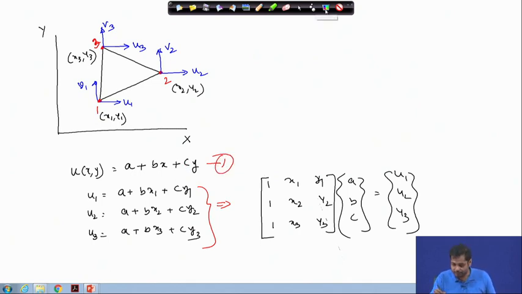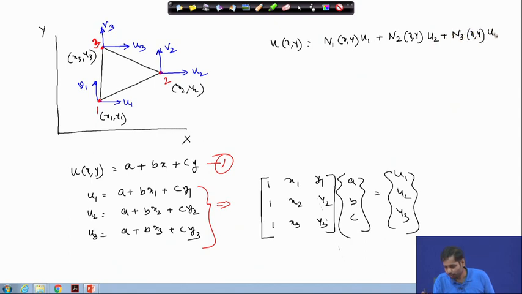We get an expression, you please do that exercise, we get an expression as u(x, y) equal to N1 times u1 plus N2 times u2 plus N3 times u3, where N1, N2 and N3 are functions of x and y both.